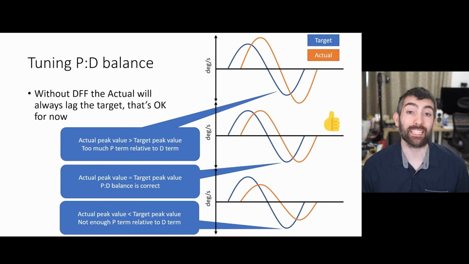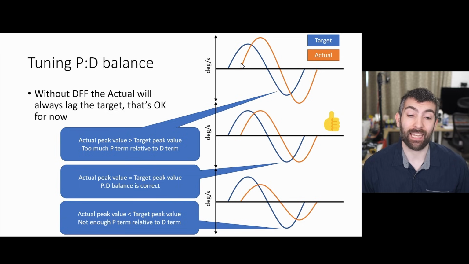When we're tuning PD balance based on time series data, what we're going to be looking at is the relationship between the actual value and the target value. We will find that without any derivative feed forward, the actual value is always going to lag behind the target value a little bit. That's okay, that's normal, that's what we want.